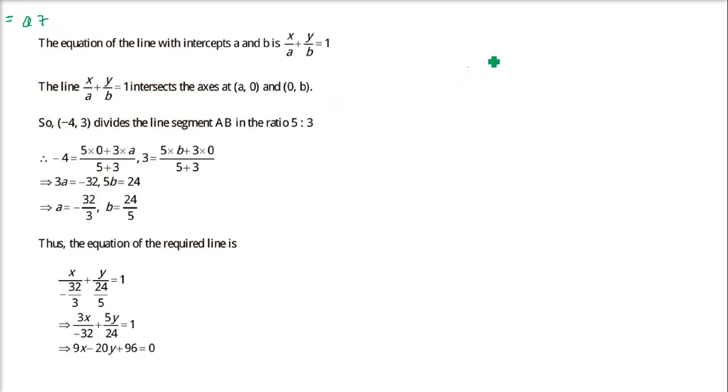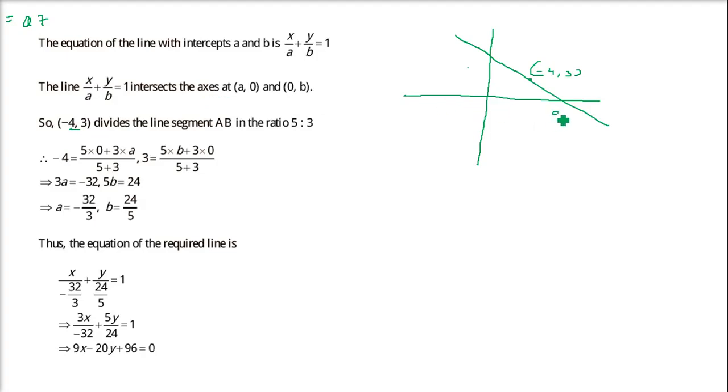So what does it mean? There is a line in between the coordinate axes, there are x and y intercepts. So the standard form is x by a plus y by b equals 1. There is a point which is minus 4 and 3, and I'm just telling you with understanding. And now there is a line.